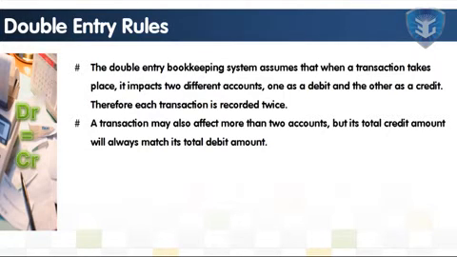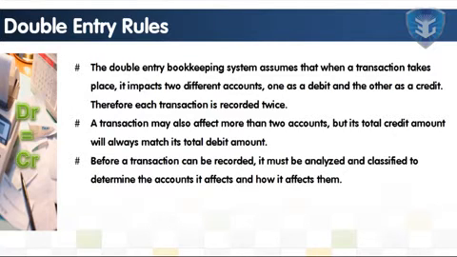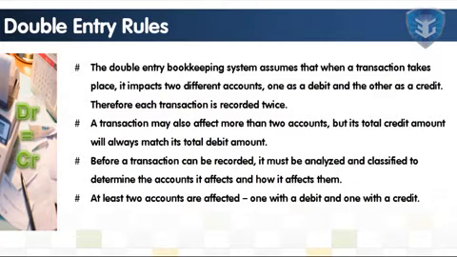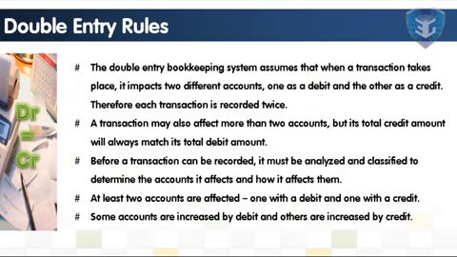A transaction may also affect more than two accounts, but its total credit amount will always match its total debit amount. Before a transaction can be recorded, it must be analyzed and classified to determine the accounts it affects and how it affects them. At least two accounts are affected, one with a debit and one with a credit. Some accounts are increased by debit and others are increased by credit.